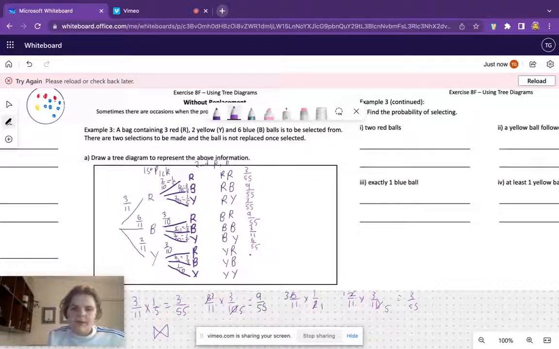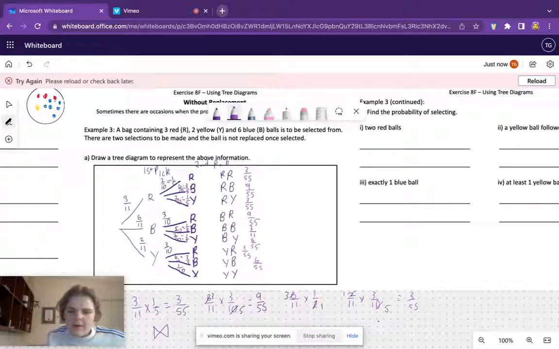So 3 out of 55 for that yellow, and then red. Yellow, then blue. 2 times 3, 6. 6 out of 55. And then I've got 2.